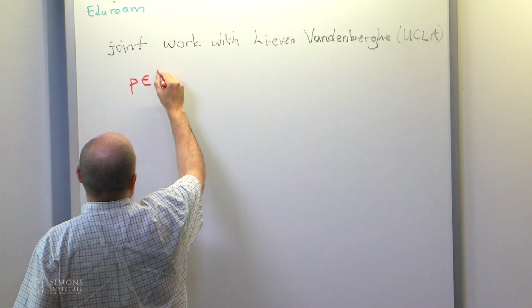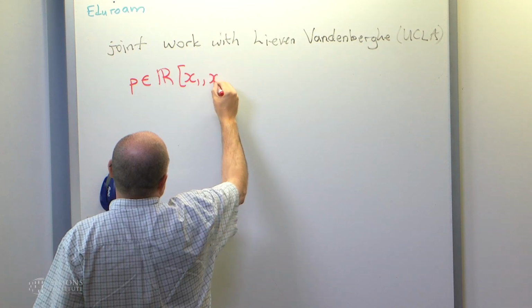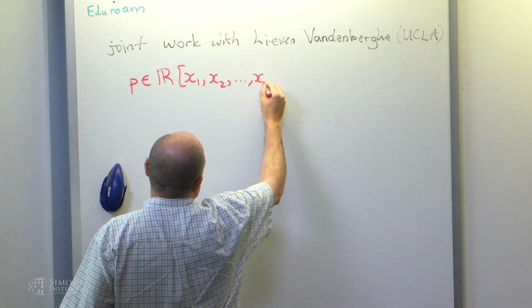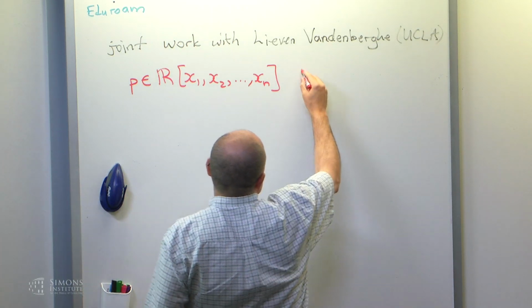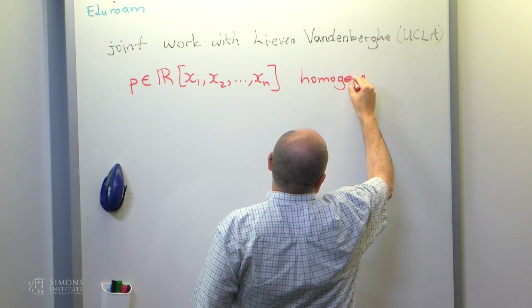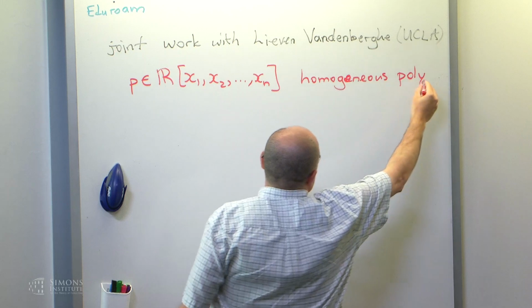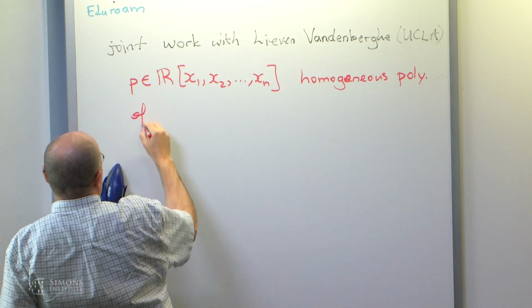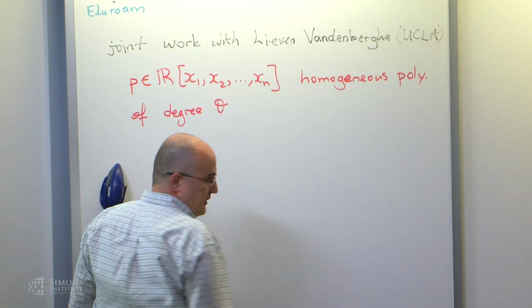gonna start with polynomials in n variables. So let P be a homogeneous polynomial of degree, let's call it theta.